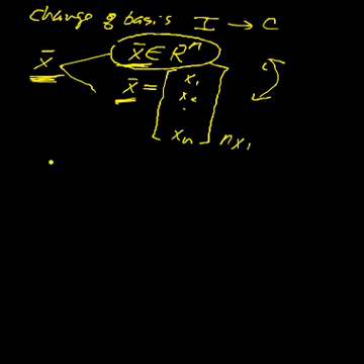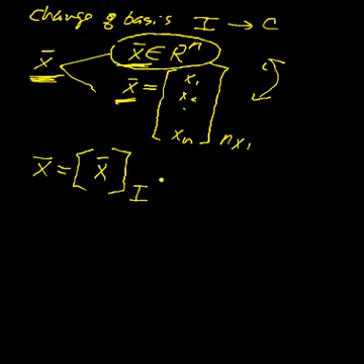Now, when we say x bar, that actually means the abstract vector x, but written in terms of I. In other words, I is the collection of column vectors e1, e2, en.